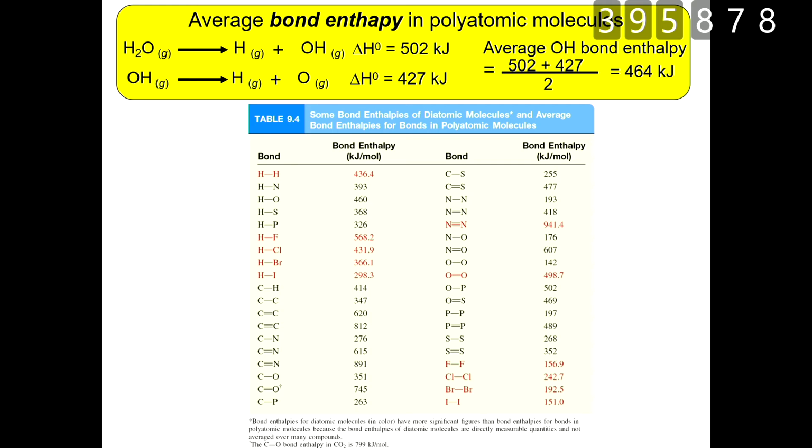Fluorine is larger than this one, then chlorine, then bromine, then iodine, which is the largest.